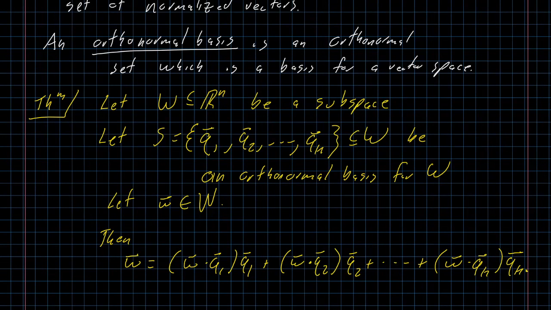I'm not going to take the time to write out the proof for this because I built it up for you. Take the theorem that we just proved, use that result here, and then use the fact that the norm of q is 1 because it's an orthonormal basis, which means all the vectors have been normalized.